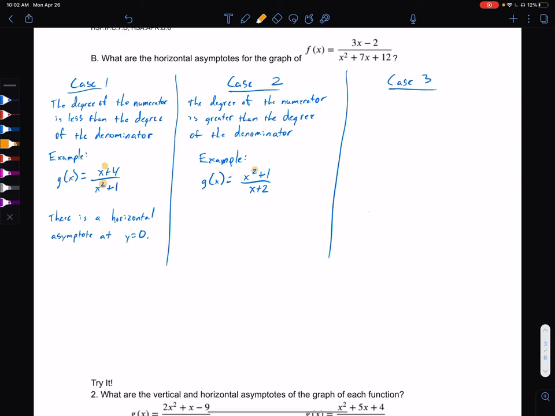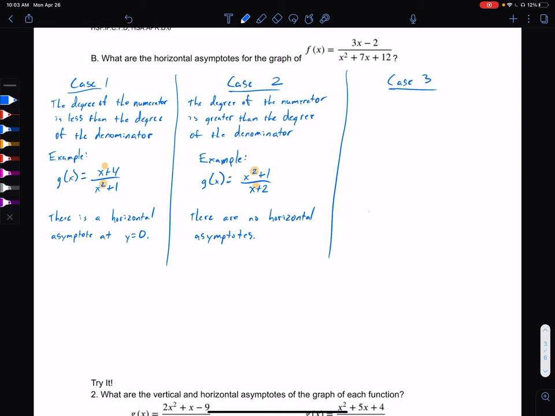We're again looking at the highest powers in each piece, and we can clearly see that the numerator has a degree of 2, the denominator is a degree of 1, and 2 is greater than 1. So if this is the case, there are no horizontal asymptotes. If the numerator degree is higher than the denominator degree, then there are no horizontal asymptotes. That would be case 2.